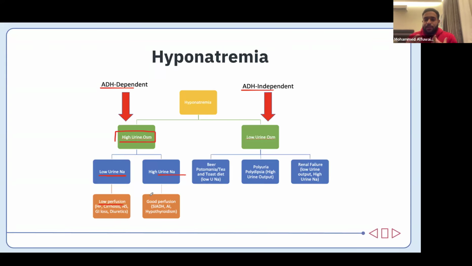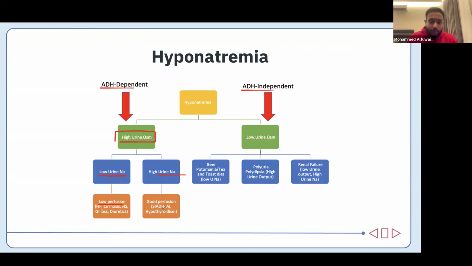There's ADH being secreted from somewhere that's causing that fluid reabsorption into the bloodstream. However, if you look at the urinary sodium, it's high. Why? Because RAS is not being activated. So you have sodium being excreted in the urine normally. This is seen in SIADH, which is syndrome of inappropriate ADH secretion, which is seen in CNS lesions and pneumonia. Remember these two.